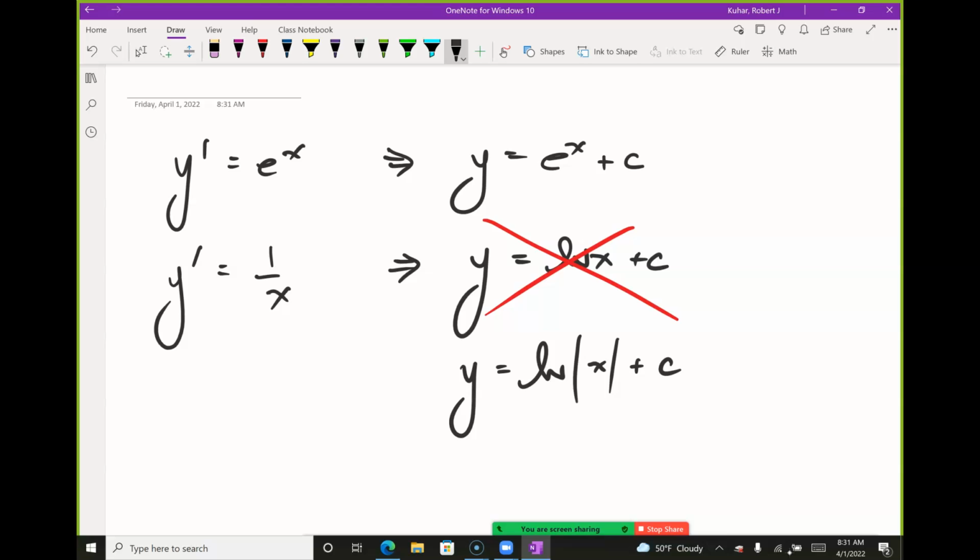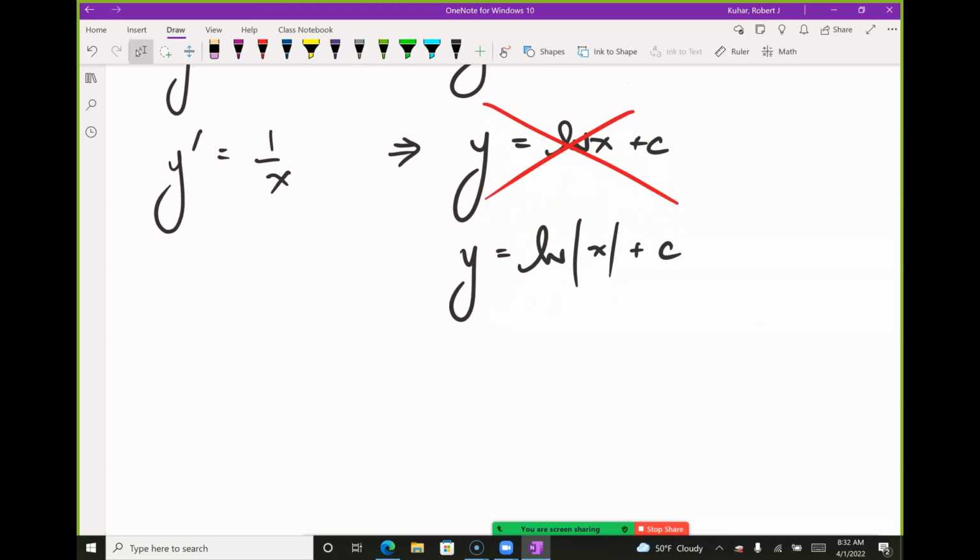So you can definitely see, if we go back to derivatives, if I give you the ln of x function, my domain is restricted. My domain here is only positive numbers. I can't put a negative into ln.